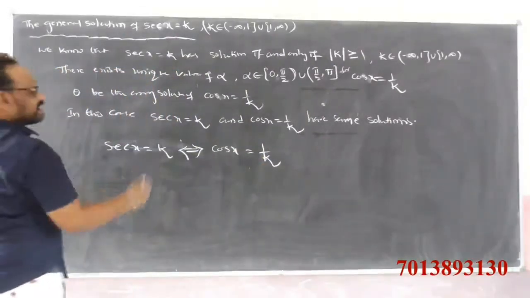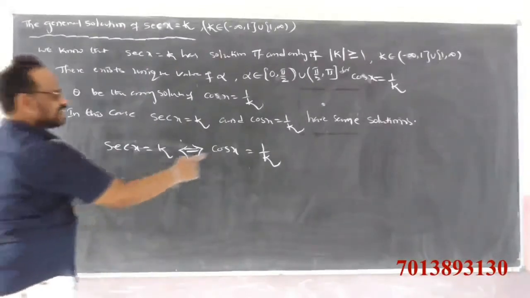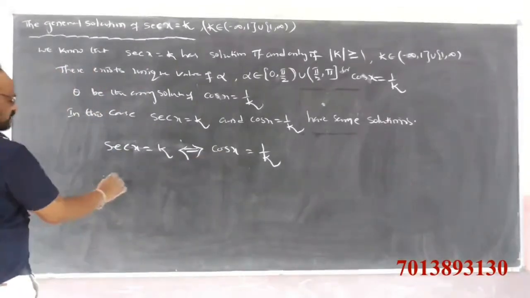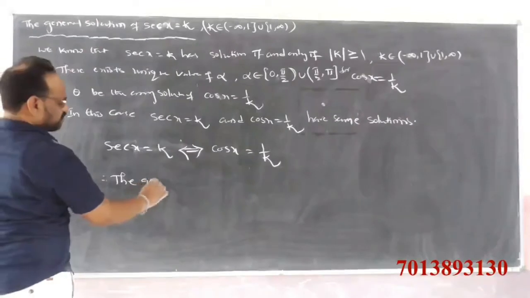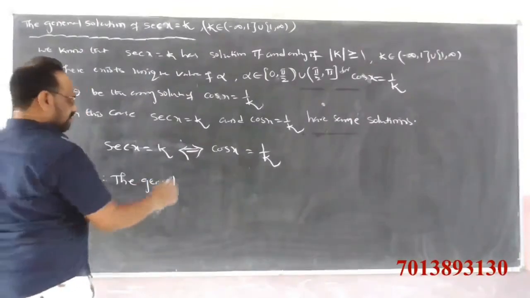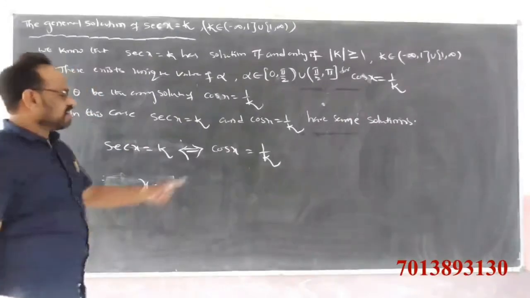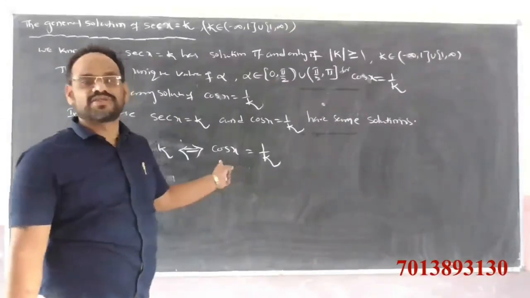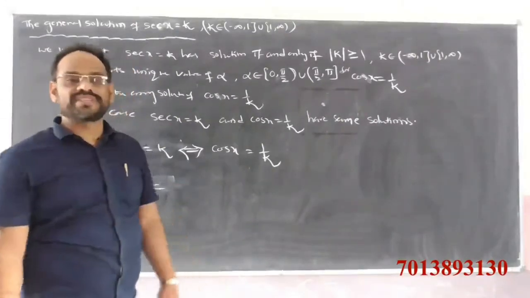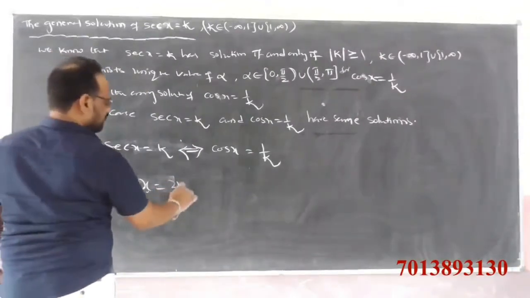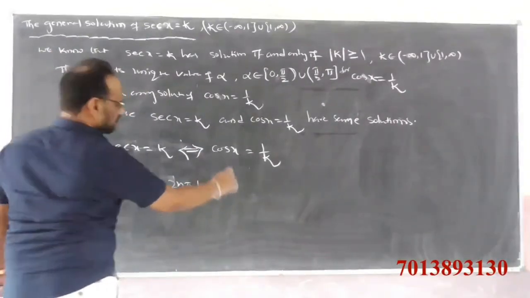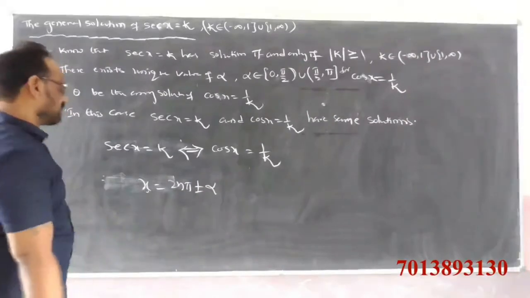Already we know the general solution of cos x. Therefore, x equals 2n pi plus or minus alpha.